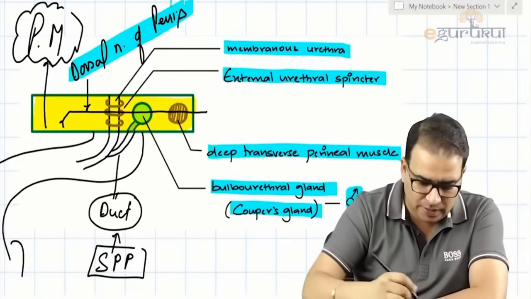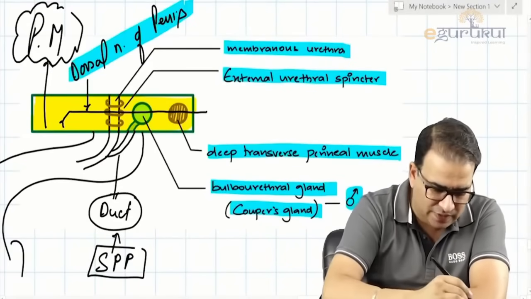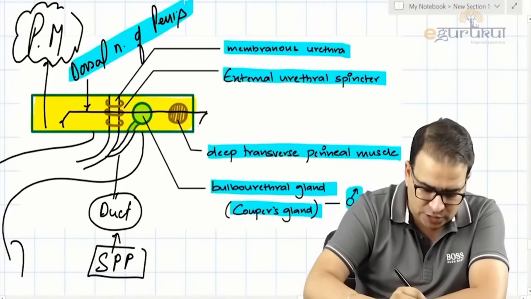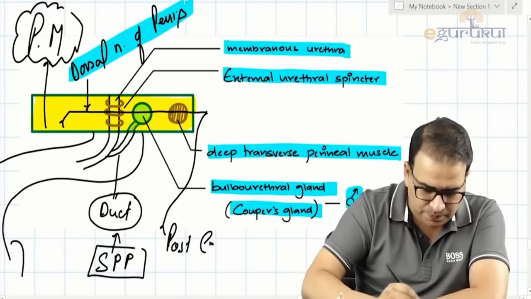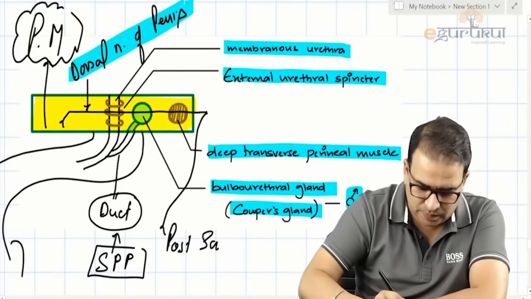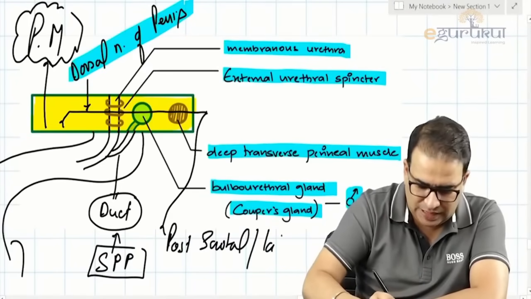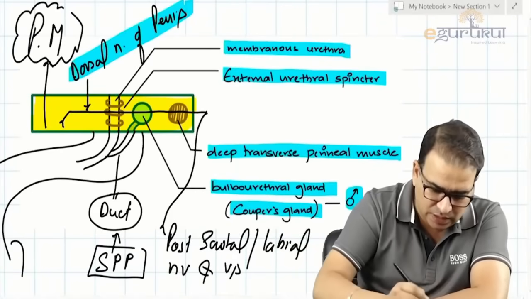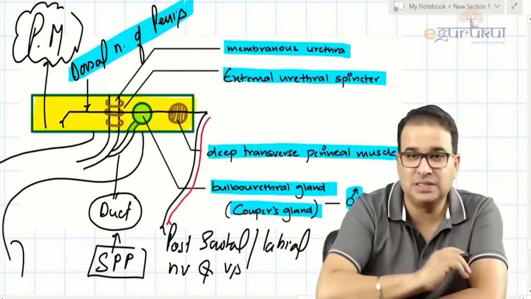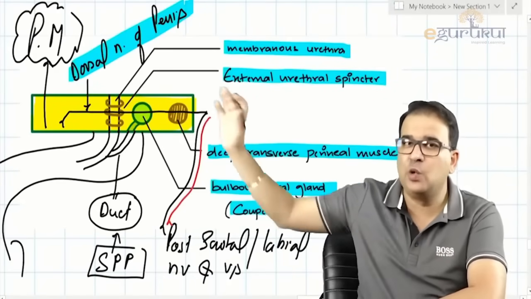And we have some nerves and blood vessels which are called posterior scrotal, or labial, nerves as well as blood vessels. Posterior scrotal nerves and vessels are the structures which are not going into deep pouch.